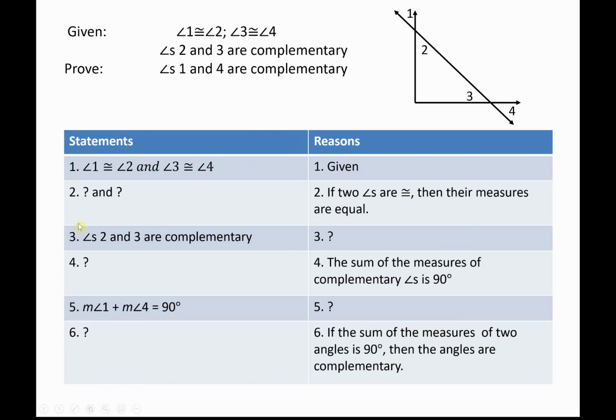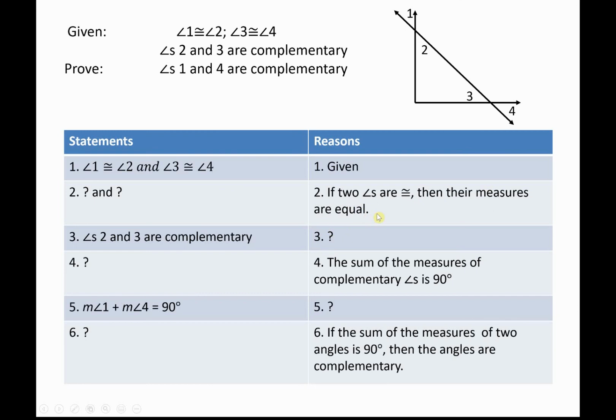Now, for the second statement, the thing that we get to conclude immediately after the given statement, it's going to be a two-parter. So I have question mark and question mark. So we've got to figure out what those question marks are. We can look at the justification for that statement as a little bit of a clue. The justification was that if two angles are congruent, then their measures are equal. So this is the definition of congruent angles right here. Okay, so I went ahead and did the safe thing and just wrote out the entire definition.